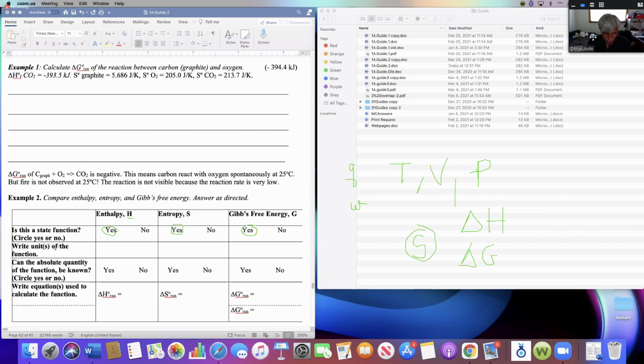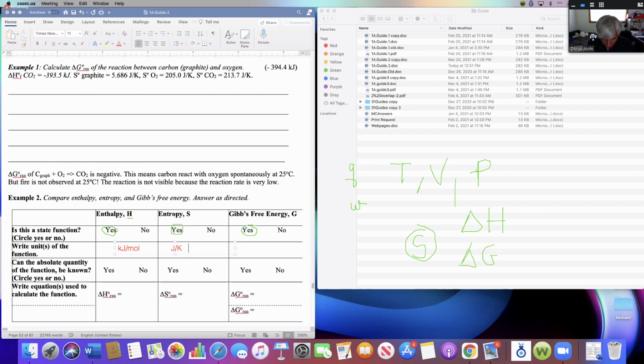Write the unit of the function. What are the units of this function? Lisa? Kilojoules over mole, or just kilojoules is okay too. Entropy, now you're right, is joules over Kelvin, okay? For entropy it is joules over Kelvin, yes.